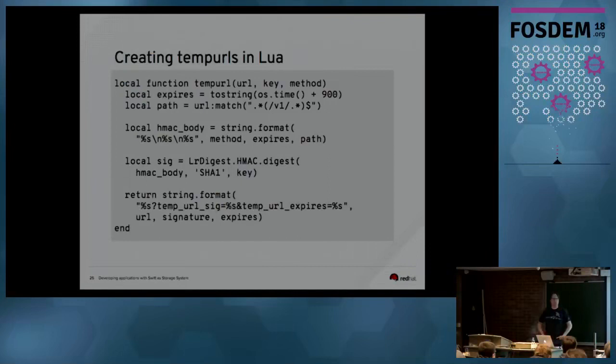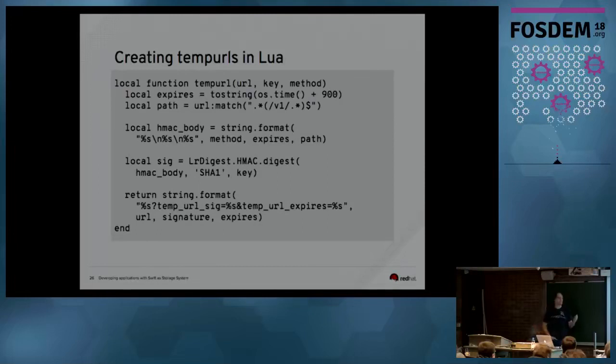So how do you get the data into Swift? Well, I use a software called Adobe Lightroom, which is unfortunately not open source, but it's easily extendable. You can write your own plugins for this. It's not written in Python or something similar. It's written in Lua, but the concept of temp URLs makes it really easy to include that within this application as well, or other applications.